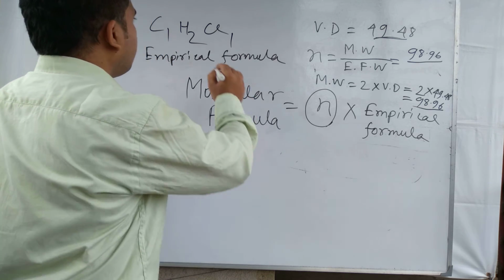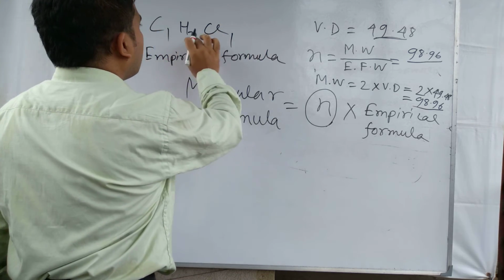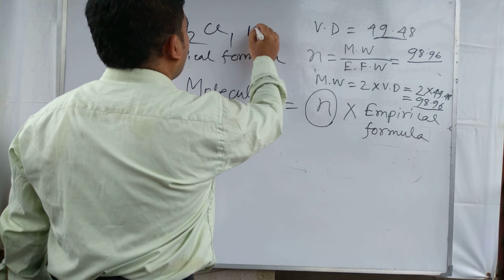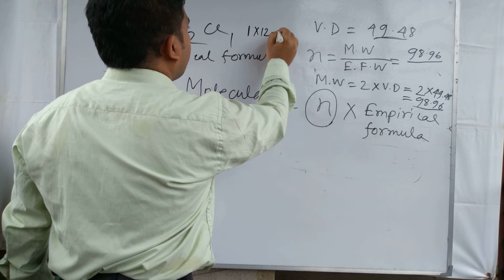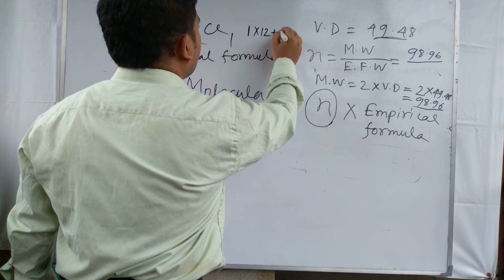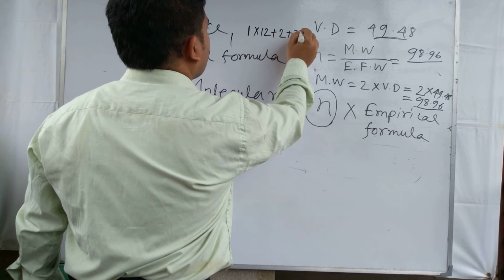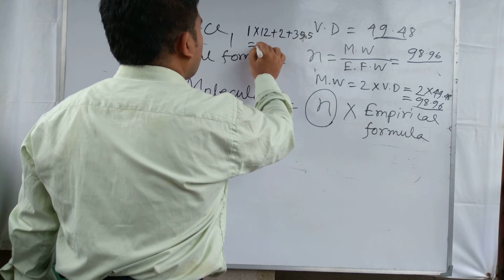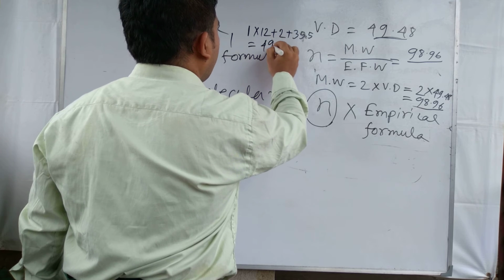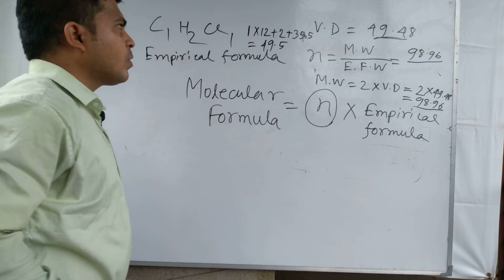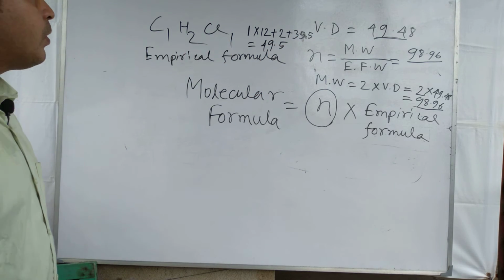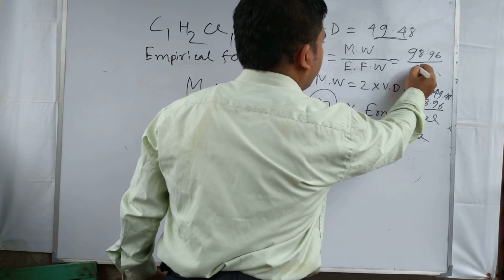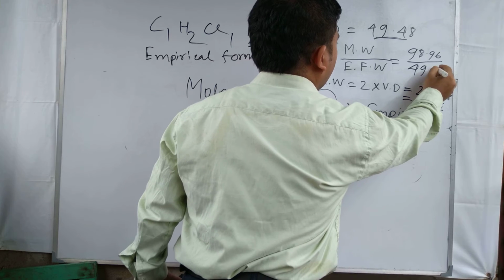For the empirical formula weight, the weight is carbon 1 into 12, hydrogen 2 into 1, plus 35.5. The total is 49.5. So the empirical formula weight is 49.5.